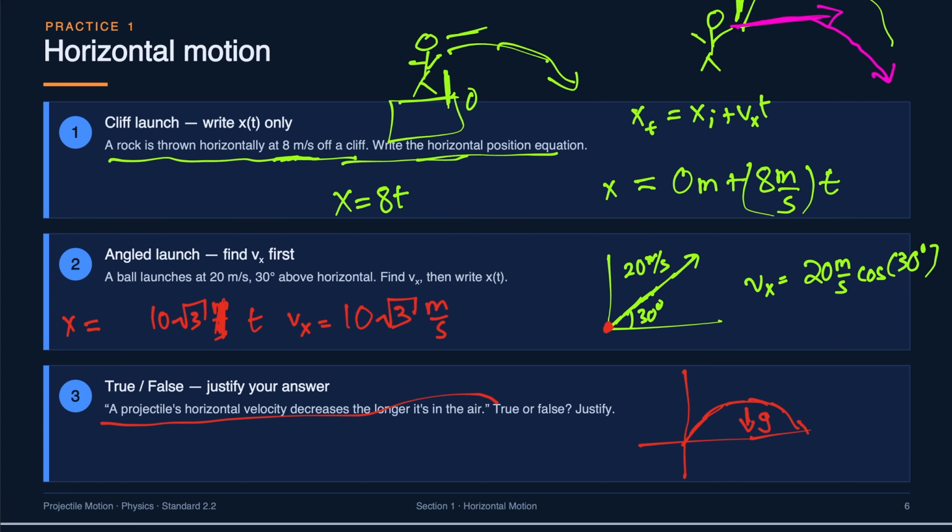But for horizontal, there's no force acting on it. It's only the force you throw, and then it just maintains that. Objects in motion stay in motion, right? Newton's first law. So it doesn't matter how long it stays in the air, it's still going to have the same horizontal velocity. Only when it comes into contact with something, or if there's a force pushing back on it in the x direction, is it going to change the velocity.